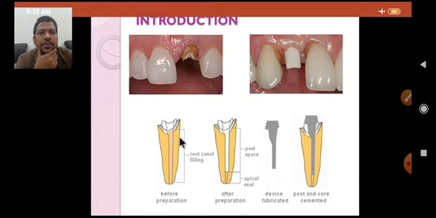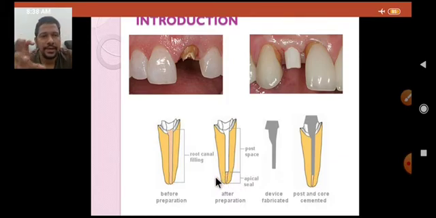What you are supposed to do is remove a certain amount of gutta-percha in order to create a post space. Post space is a space created in order to receive a post. When you create a post space, you are supposed to keep a certain amount of gutta-percha in the apical area. See here, minimum 3 millimeters of gutta-percha should be there on the apex in order to secure the apical seal.